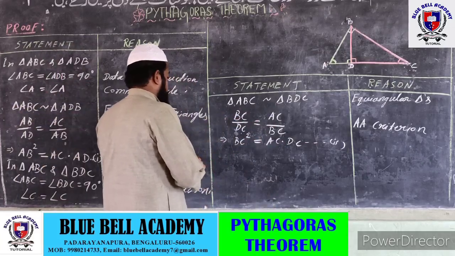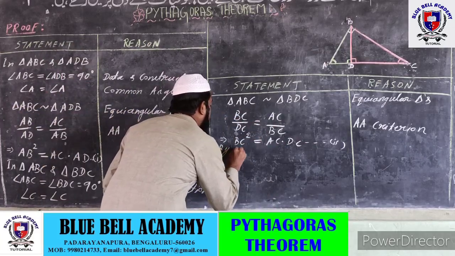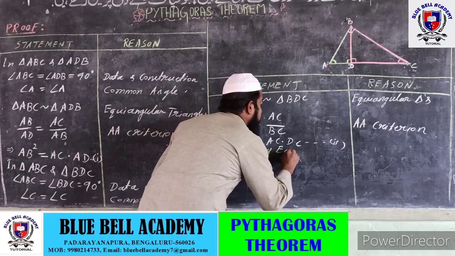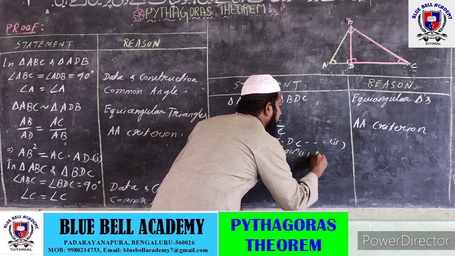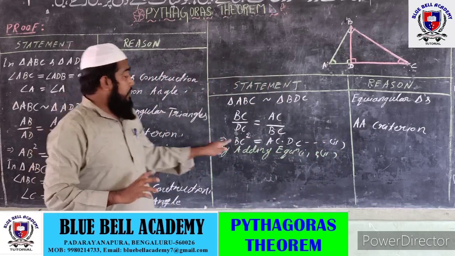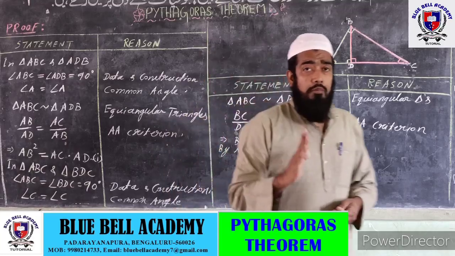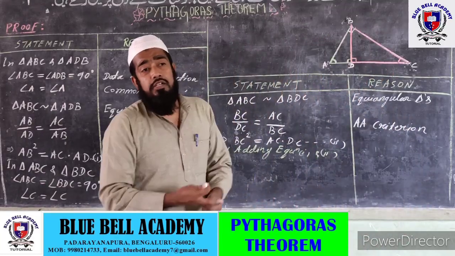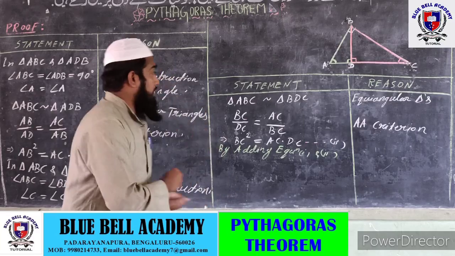Now we are going to add our equation 1 and equation 2. So we have to mention here, by adding equation 1 and 2. Remember that when you are adding these types of things, the left side is to be added to the left hand side and the right hand side to be added with the right hand side.